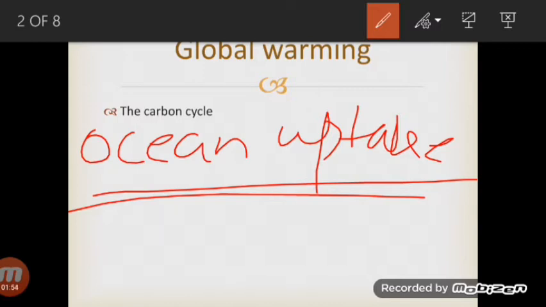But the animals, the marine organisms which are under the water, most of the time they have very hard shells and skeletons. So how are those shells and skeletons produced? Calcium carbonates are present over there.